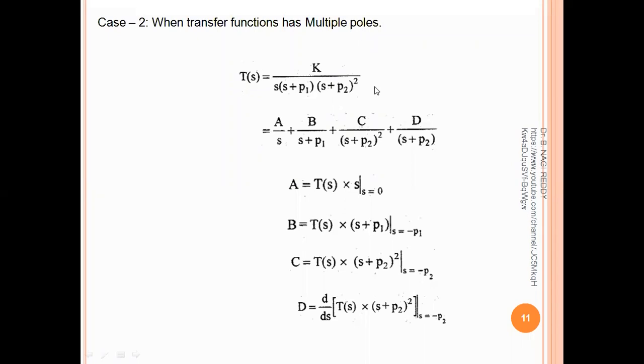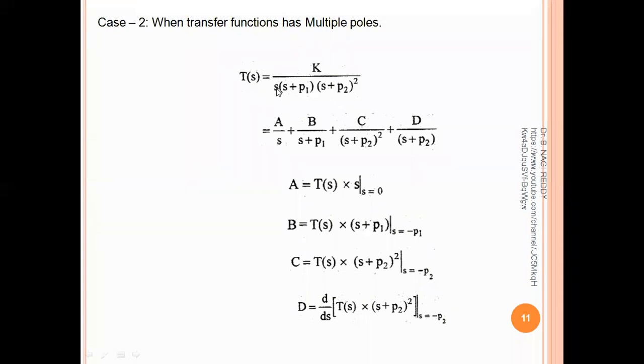So when we have a transfer function like this, whole square, whole cube, that means multiple poles. How can we solve this type of transfer function? First you must see the number of poles lying in this transfer function.